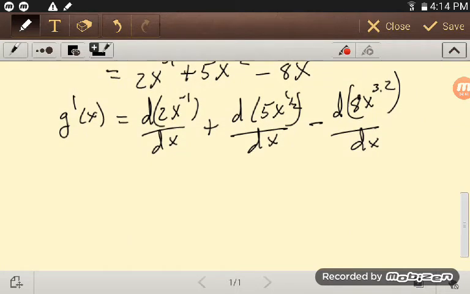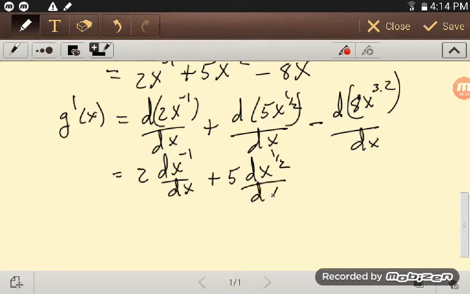And so then that's equal to 2 times the derivative of x to the negative 1 with respect to x, plus 5 times the derivative of x to the 1/2 with respect to x, minus 8 times the derivative of x to the 3.2 with respect to x.